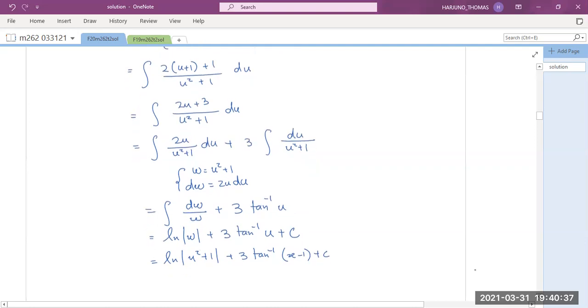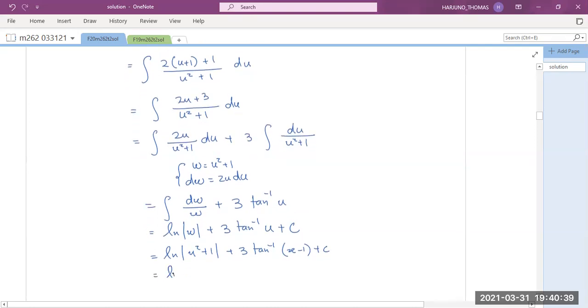And u squared plus 1 is always positive, so I can just use parentheses, but that is x squared minus 2x plus 2. That's for number 3.